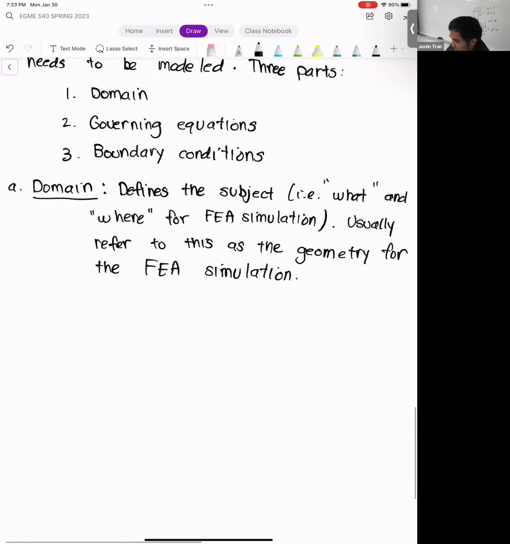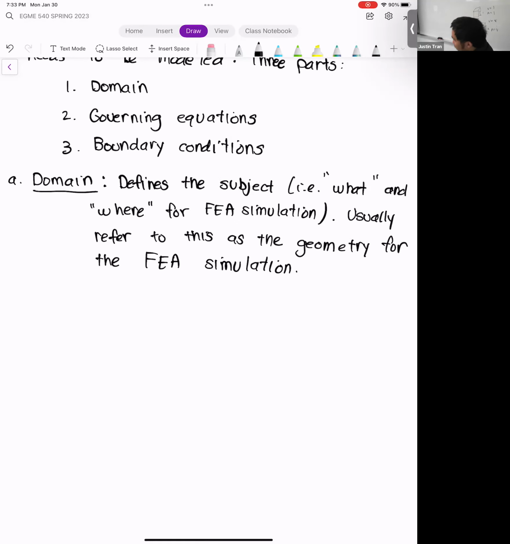When you think of the geometry, there's actually two parts of the geometry that are important to know.